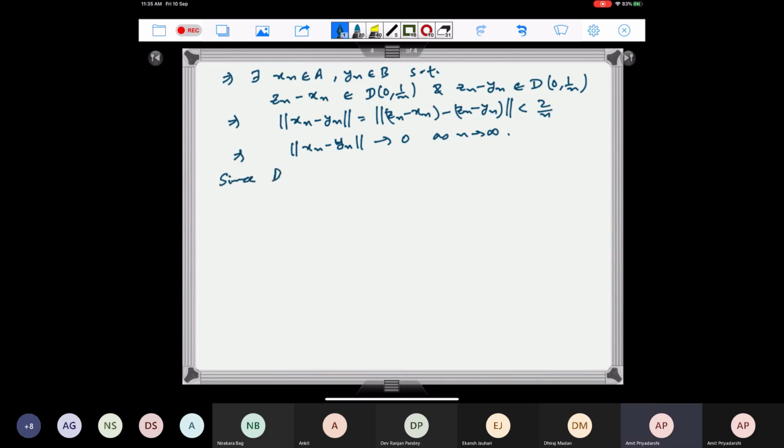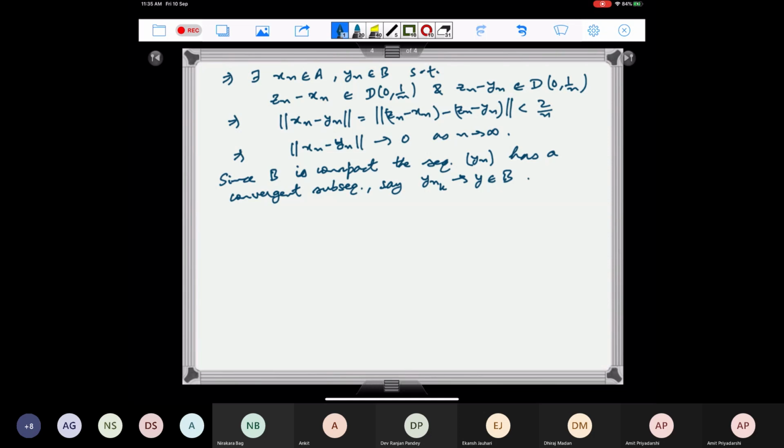Since B is compact, the sequence yn has a convergent subsequence, say ynk, converging to some point, let's call it y, in B. So we get a convergent subsequence of this yn converging to a point y.